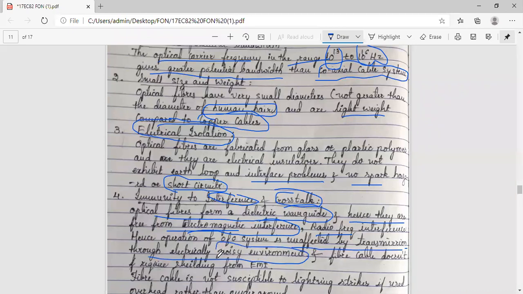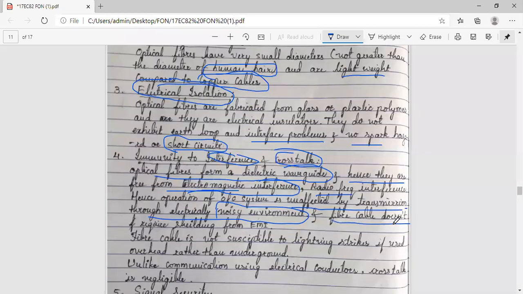If the environment is electrically noisy, the communication may get affected in the case of conventional cables, however, in optical fibers it is least affected. And obviously, optical fiber cables don't require separate insulation or shielding to avoid interference, because they themselves are good insulators.